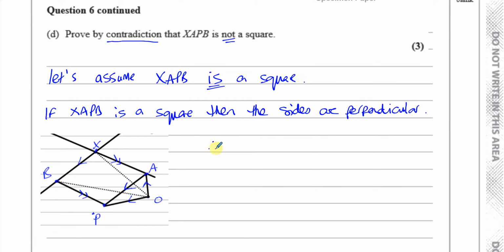So that means, for example, XA is perpendicular to AP. So if we can find what XA is and AP is, and multiply them together, then the dot product of XA and AP has to equal 0. If it is a square, then this will be true.